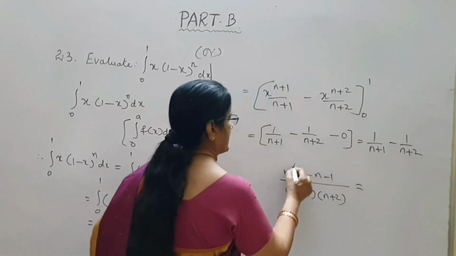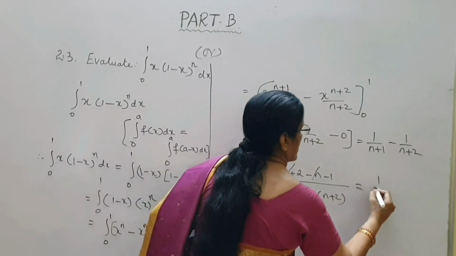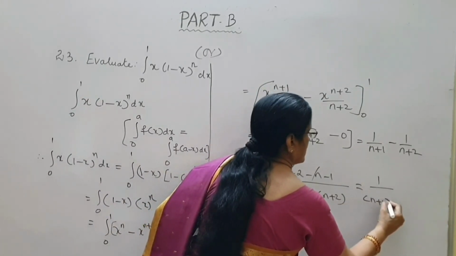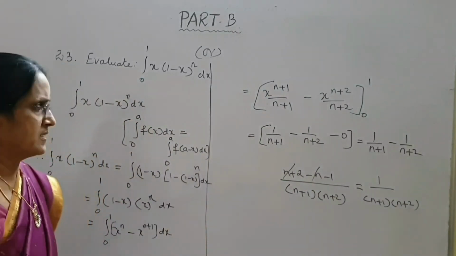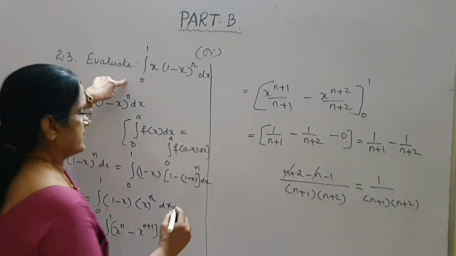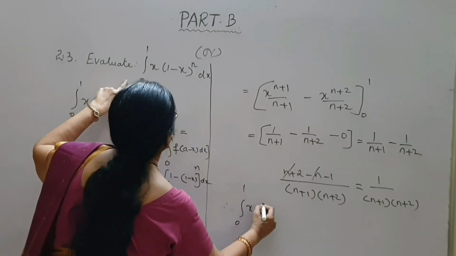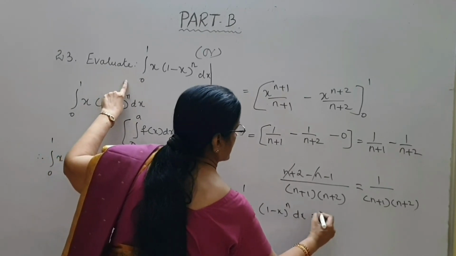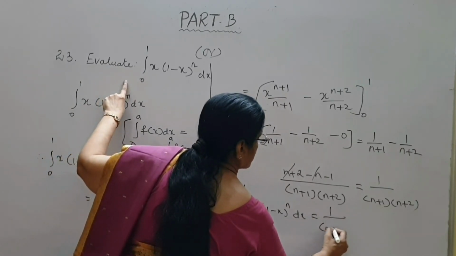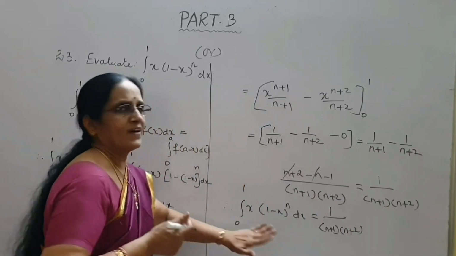So which is nothing but n and minus n will get cancelled. 2 minus 1 is going to be 1. So it is 1 by n plus 1 into n plus 2. So that is going to be the final answer. You need to conclude your answer. Therefore, integral 0 to 1 x into 1 minus x the whole power n dx is nothing but 1 by n plus 1 into n plus 2. This will be your final answer.